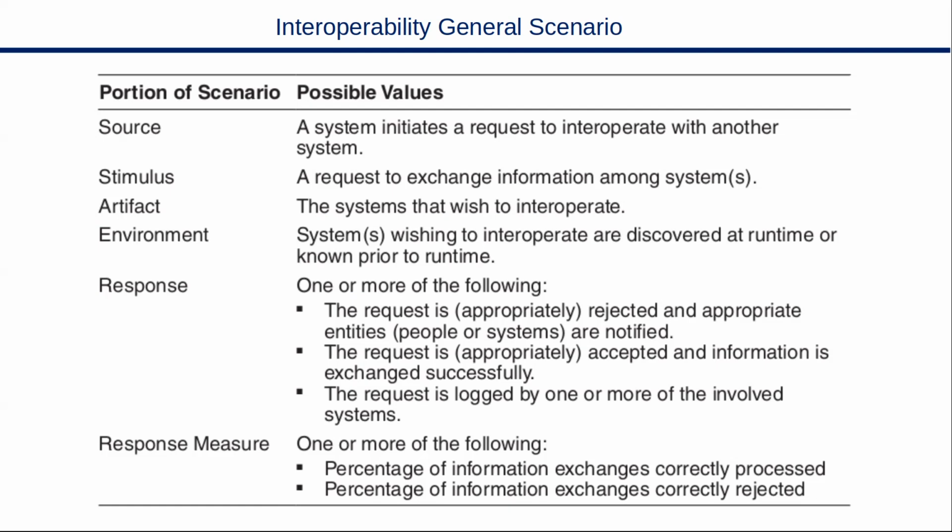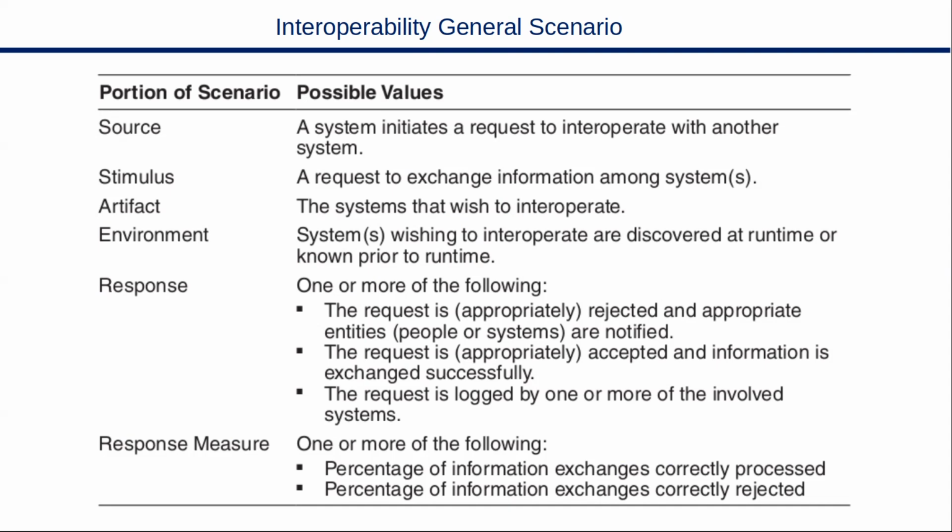What kind of responses can there be for such a quality attribute? It can be one or more of the following. For example, the request is rejected and appropriate entities are notified, the request is accepted and information is exchanged successfully, or the request is logged by one or more of the involved systems. These are proposed responses to choose one or several of them.